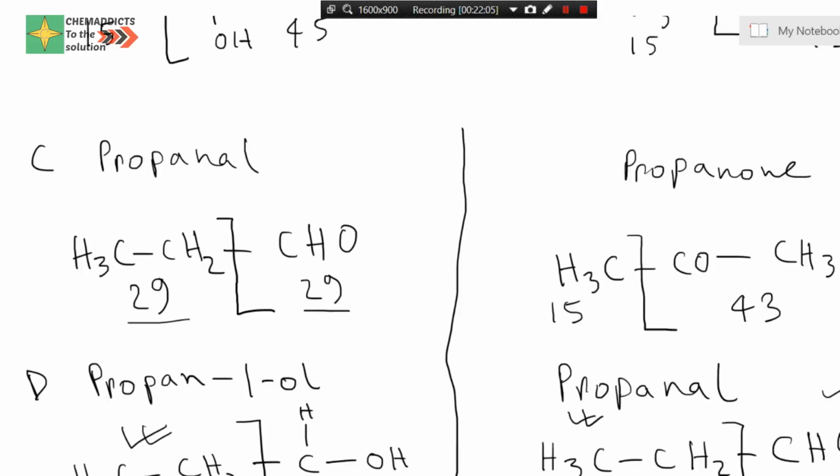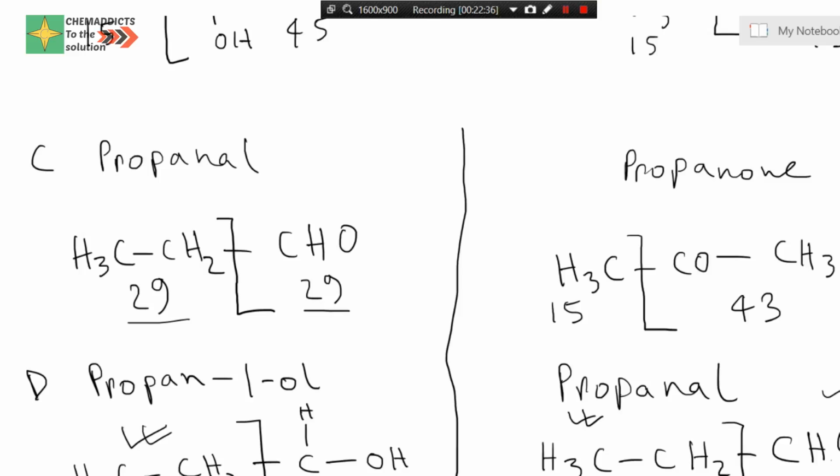Either of them will do, since both of these fragmented molecules coincide with the given mass by charge ratio 29.